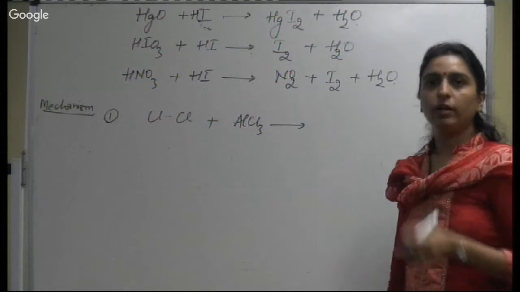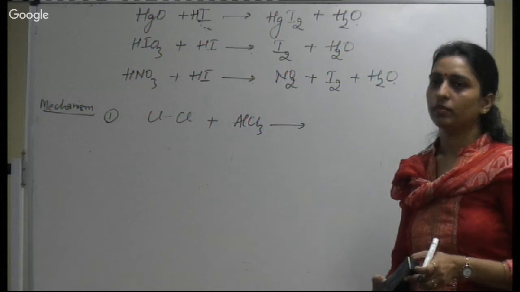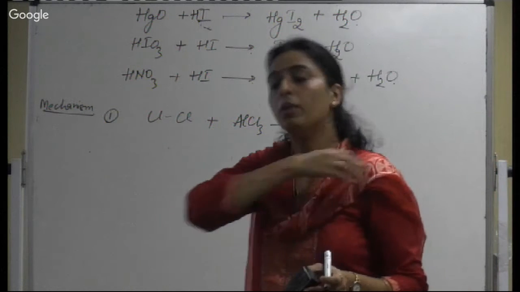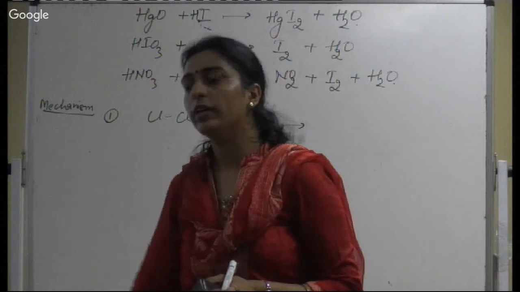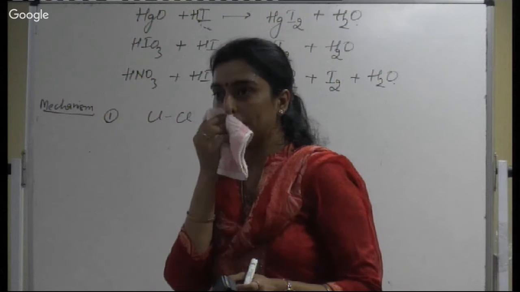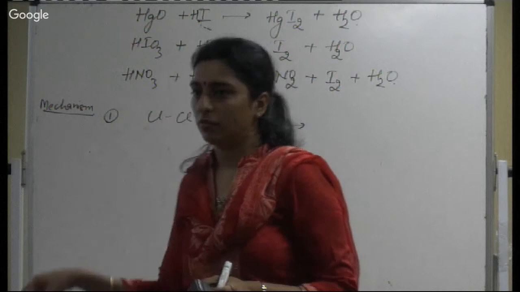Why do you need aluminum chloride in this case? Because it's a Lewis acid. But what is the function of the Lewis acid? Why do we need any Lewis acid here? Why do you need the chloronium ion? That is for the reaction.